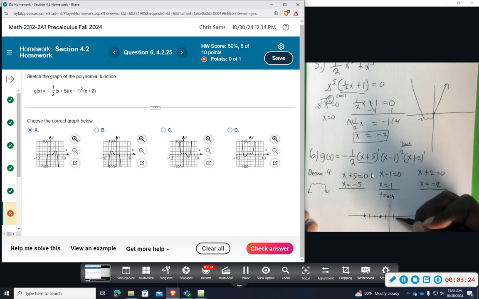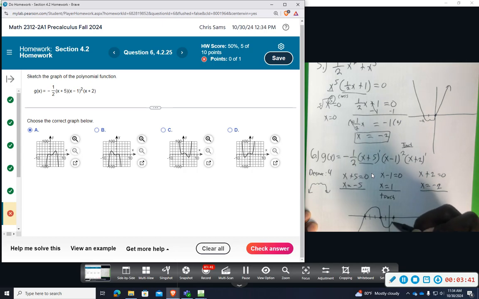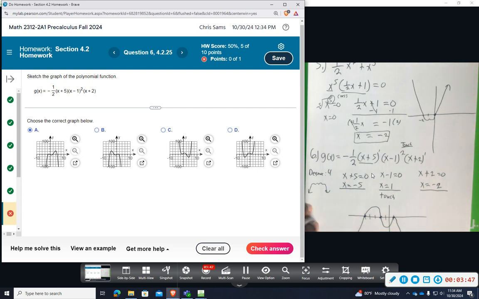And then this is positive 1. So it looks like our graph is going to be coming up from the bottom. It's going to cross, it's going to come down, it's going to come up and touch at 1 and go back down. Okay, so something like that is what we're looking for.